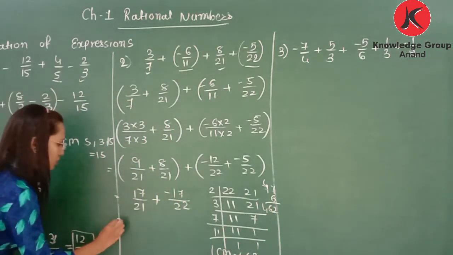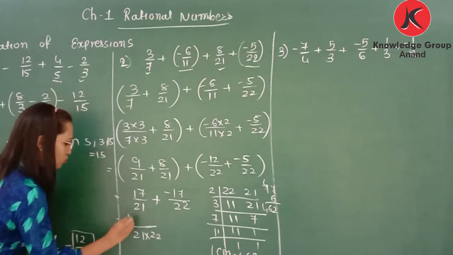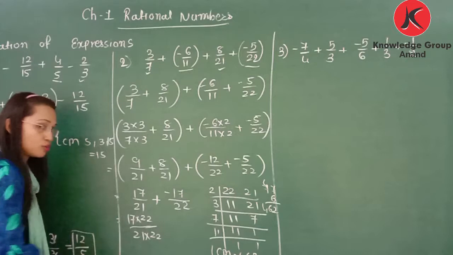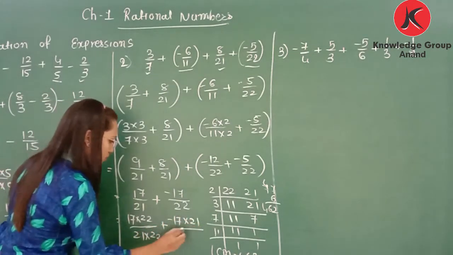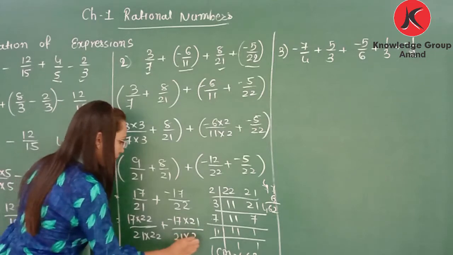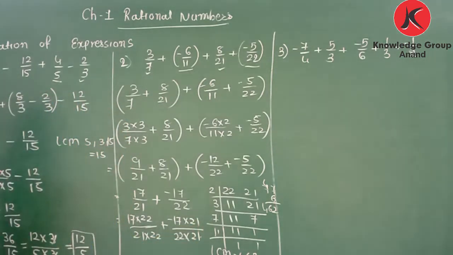So 21 is multiplied with 22 to get 462, and the same in the numerator. And minus 17 is multiplied with 21, so 22 is multiplied with 21 to get 462 in the denominator.